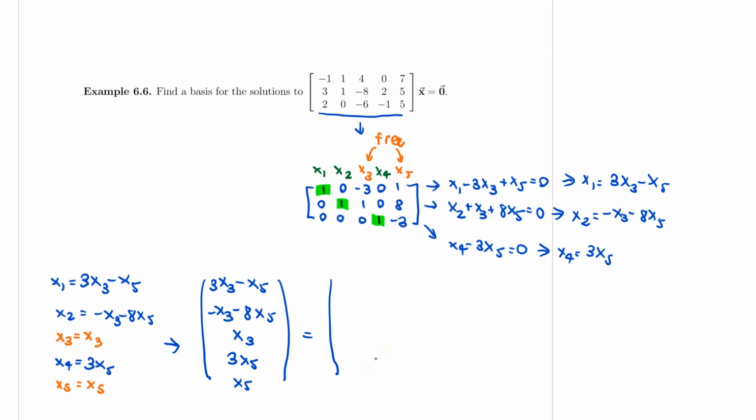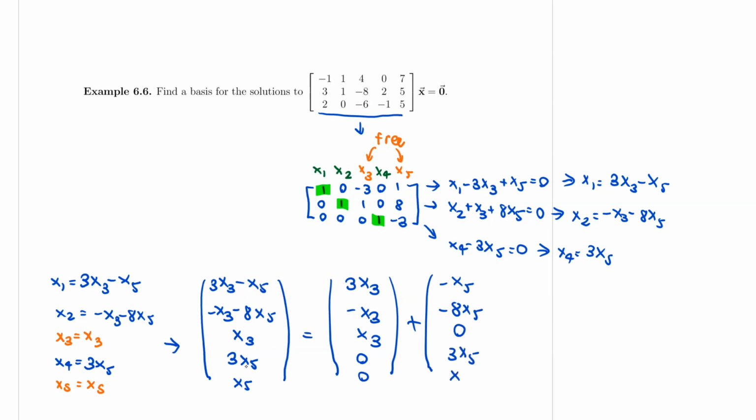If I pull out all the x3 that I have, I'm going to have 3x3, negative x3, and then just x3 and then 0, 0. Plus, if I group all the x5 together, I'm going to have negative x5, and then minus 8x5, and then 0, and then 3x5, and then just x5.